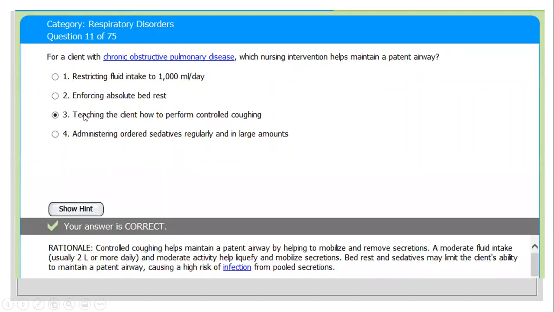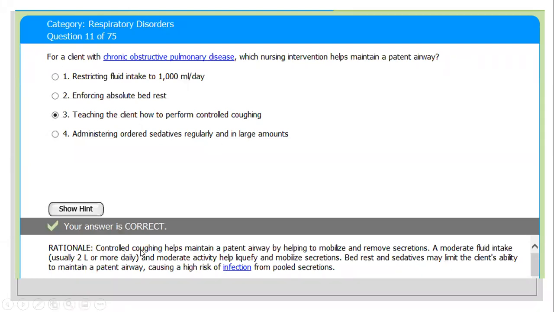The correct answer is teaching the client how to perform controlled coughing, right? First of all, treatment aims at managing the condition and delaying progression through medication, physical therapy, and also educating the patient. And finally, severe cases need surgical management.